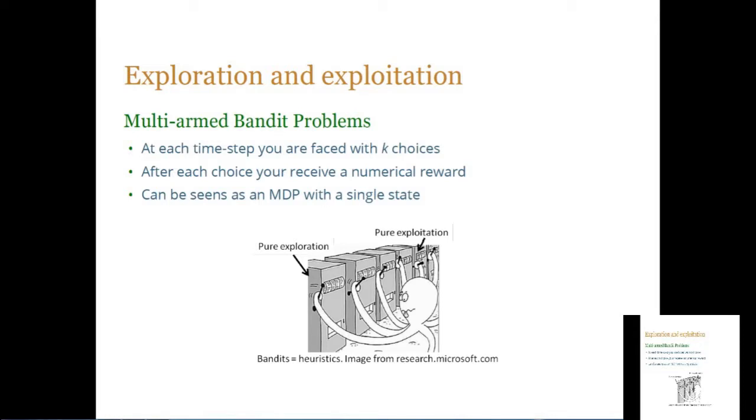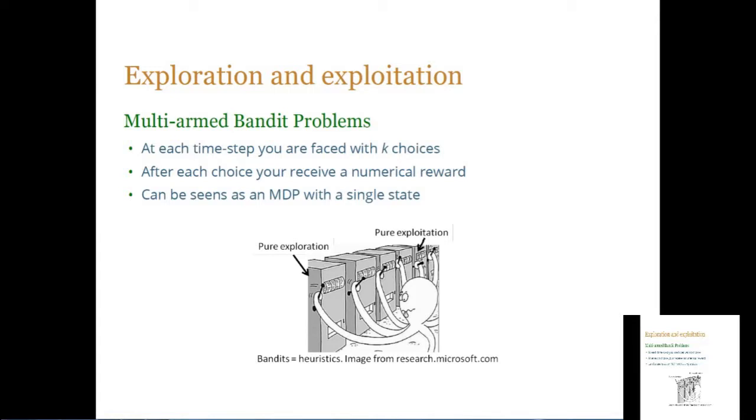You pull a slot machine, and you get some reward. But you can do it on another one, you get a different reward. And in the end, you want to maximize your expected reward. Notice that this is a degenerate case of the MDPs that we were looking at yesterday, in which we have different states. In this case, we can consider these multi-armed bandit problems as MDPs with a single state.